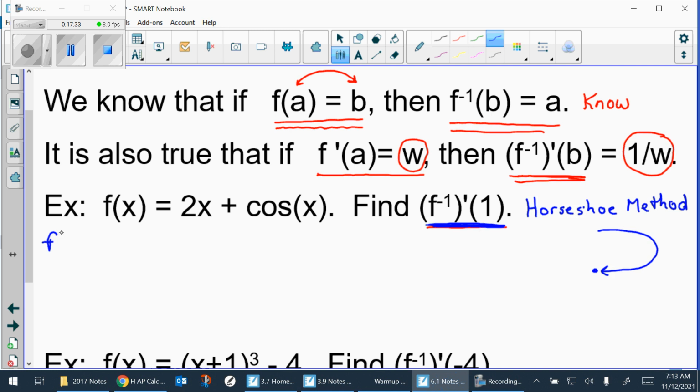I'm going to start with f inverse of 1 is equal to I don't know. Because I don't know what f inverse of 1 is. Then f of I don't know is equal to 1.